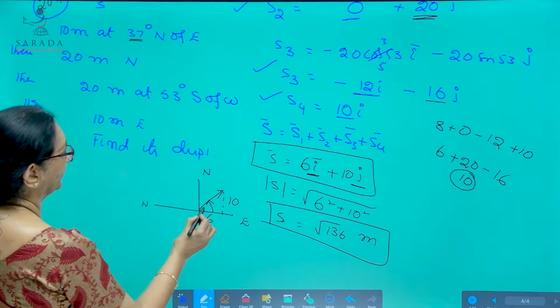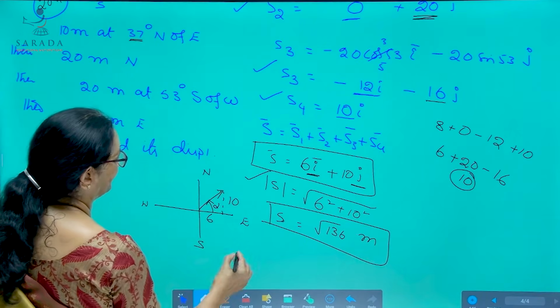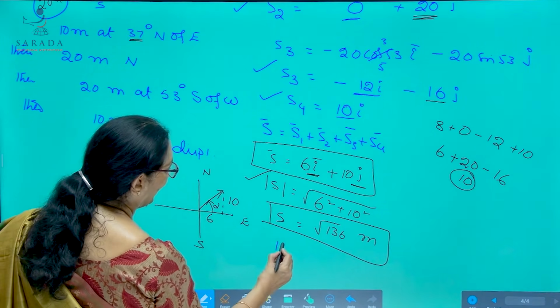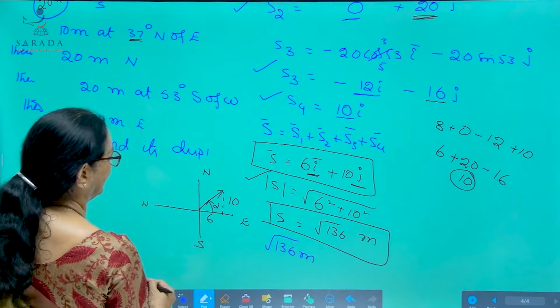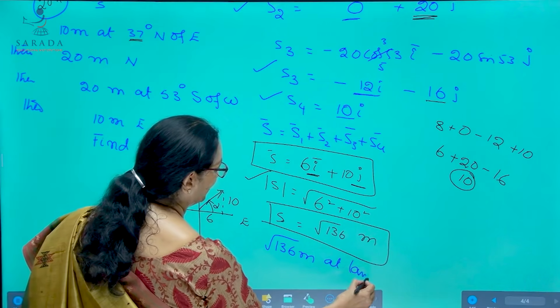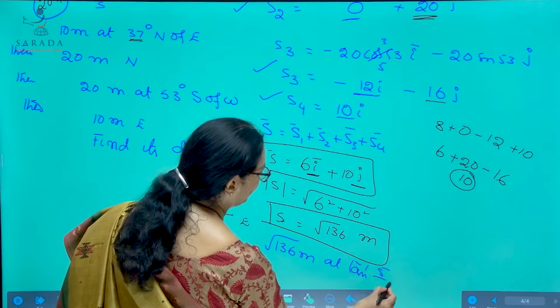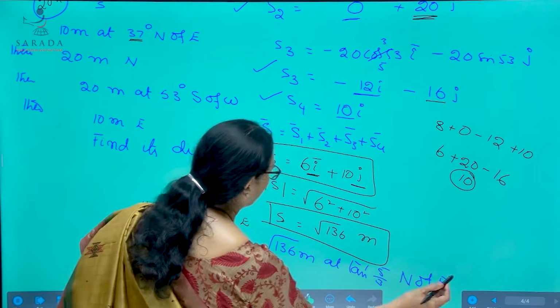Suppose if you want to mention this angle, I am finding out the direction of the displacement. So, displacement is root 136 meters at an angle tan inverse 10 by 6, 5 by 3, north of east.